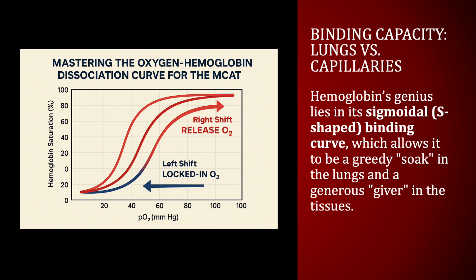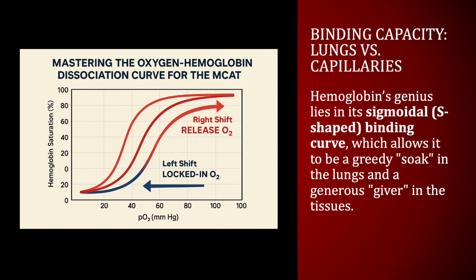In the lungs, the partial pressure of oxygen is very, very high. Hemoglobin nearly becomes 100% saturated because of the cooperativity mentioned a moment ago. Once the first few oxygen molecules hitch a ride, the R state dominates, and the heme group has a very high affinity for oxygen.